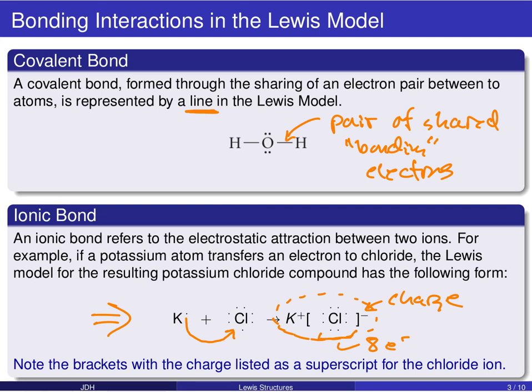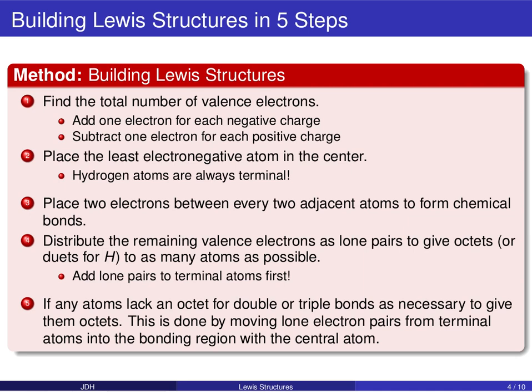Ionic compounds in this Lewis model are relatively straightforward and pretty close to what we've been dealing with before. What we're going to do now is build up some tools and techniques for building Lewis models for covalent compounds. The good news is we can boil this process down to a 5-step method to build the vast majority of Lewis dot structures.